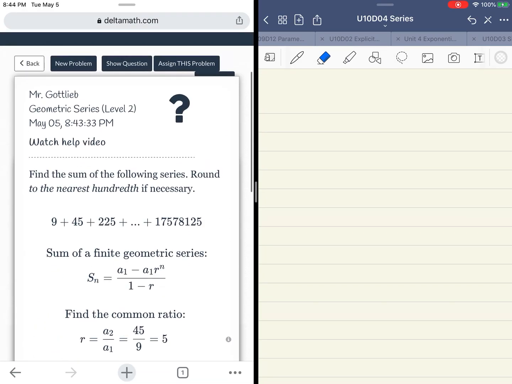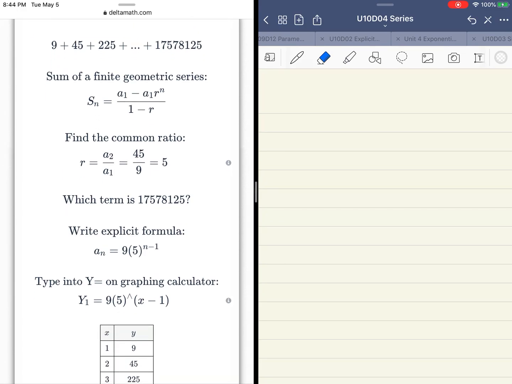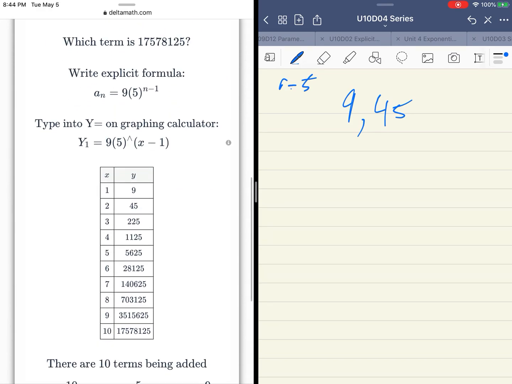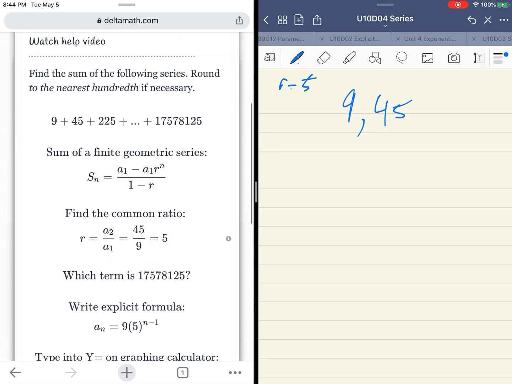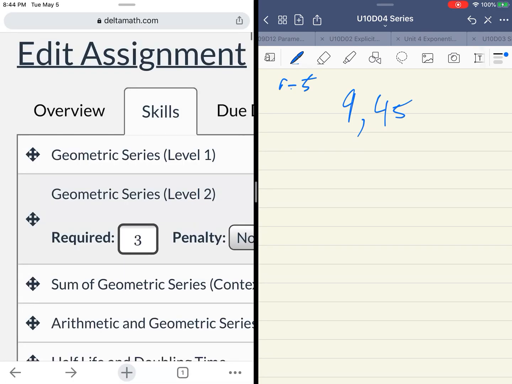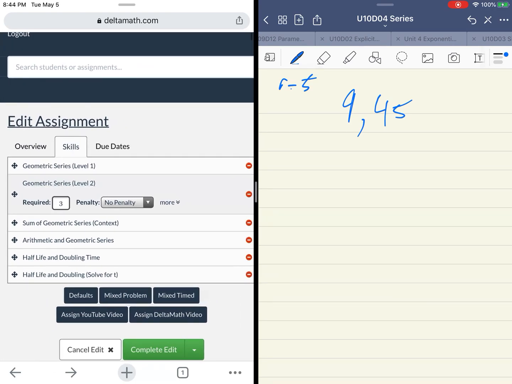I actually think I'm going to remove this example from your assignment, so I'm going to take this away. But what they do is they find the common ratio. So they know the first number is 9. Then they find the common ratio is 5. So they just find the next term is 45, and they just keep going until they get to the last term in order to determine how many terms there are. Then once they knew it was 10, they plugged it in. But I'm going to remove this from the assignment because that's just unnecessarily difficult.